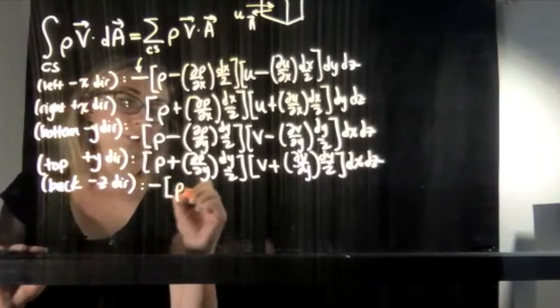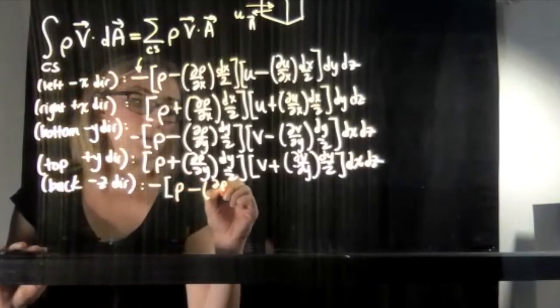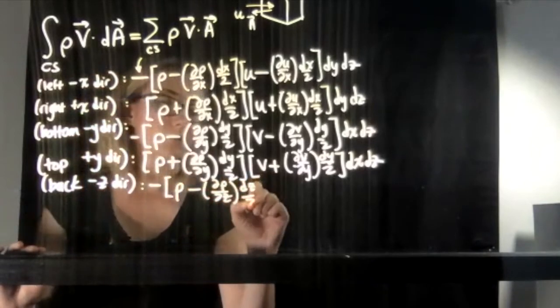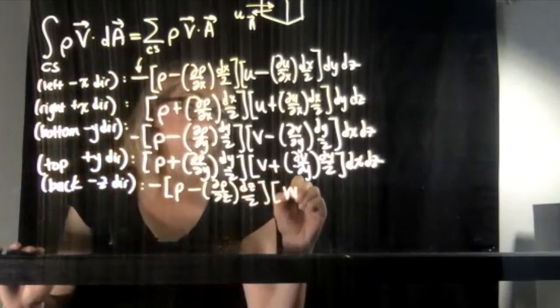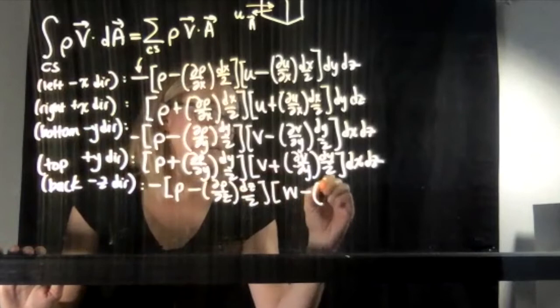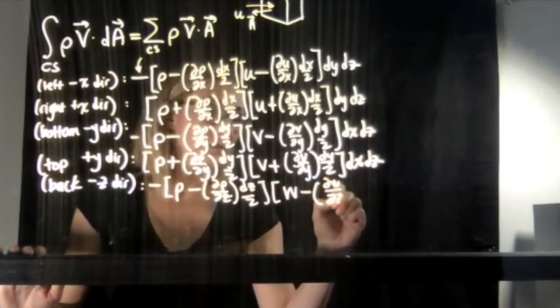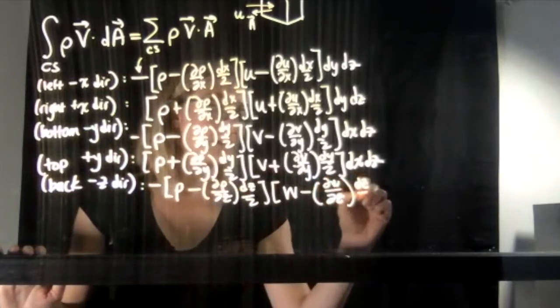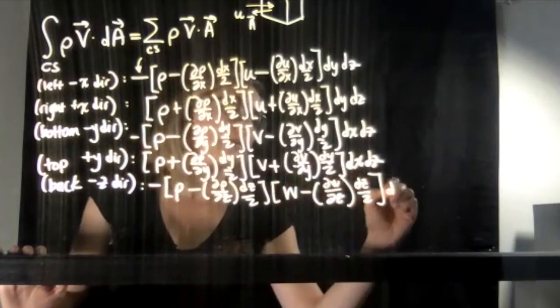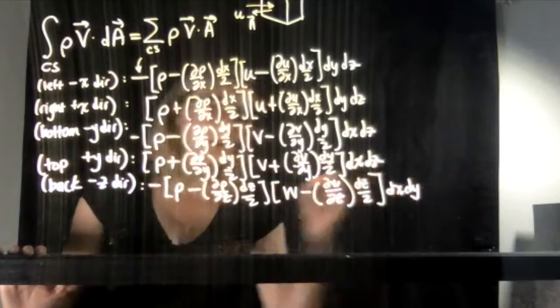So we have rho minus d rho dz, dz over 2, times w, our z component of velocity, minus dw dz, and then dz over 2. And then here our area is dx dy.